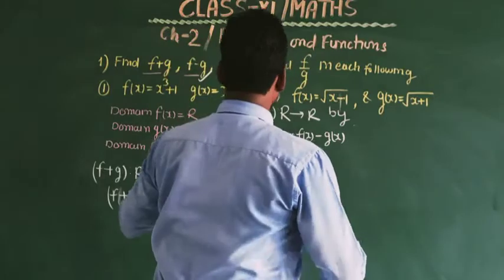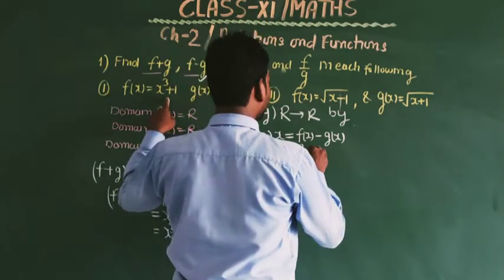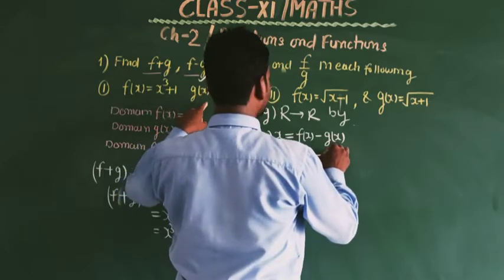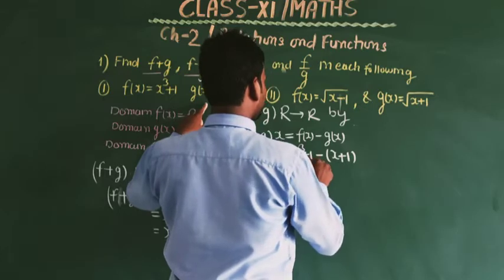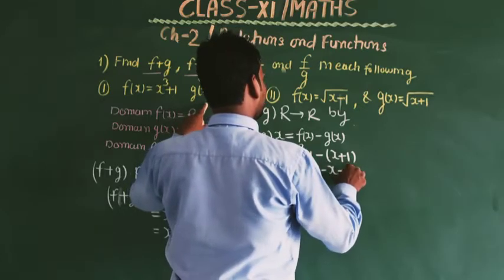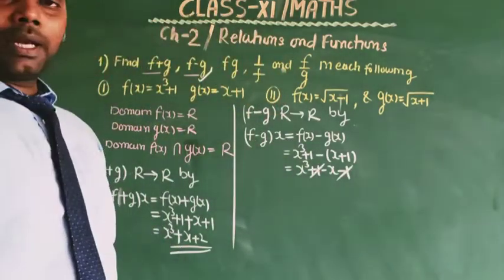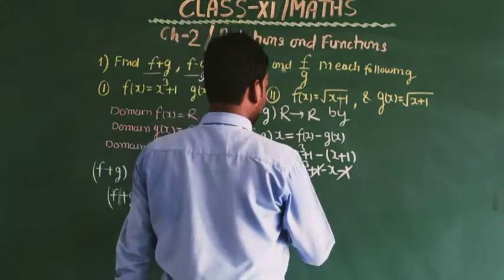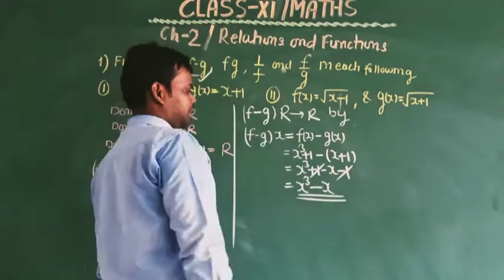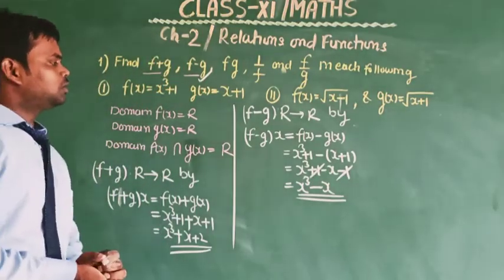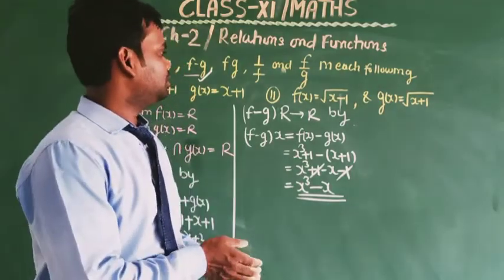So f(x) is x cube plus 1, minus g(x), which is x plus 1. So this is x cube plus 1 minus x minus 1. Plus 1 minus 1 cancel each other, and x cube minus x is left. So this is the required difference of the two functions, f minus g.